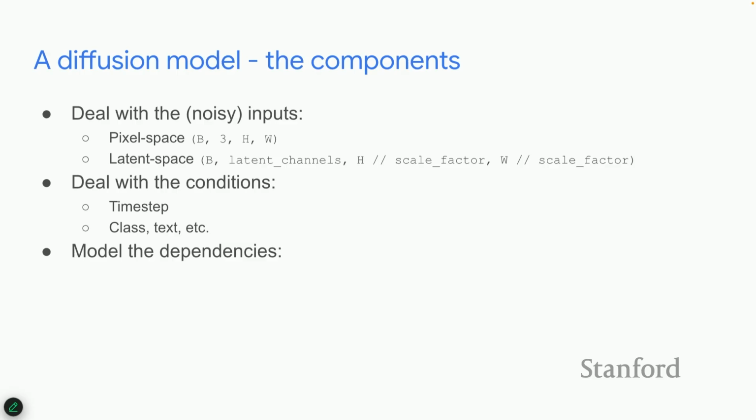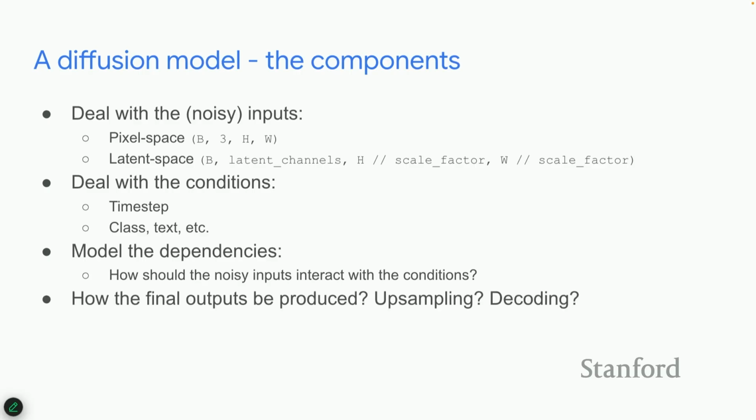And then we also have to model the dependencies quite a bit. How should the noisy inputs interact with your conditions? Of course, you might want to think about these things through the lens of cross-attention and so on, but we'll get to that in a moment. And then how should the final outputs be produced? Should we just flat out decode everything if we were to deal with transformer-based architectures?